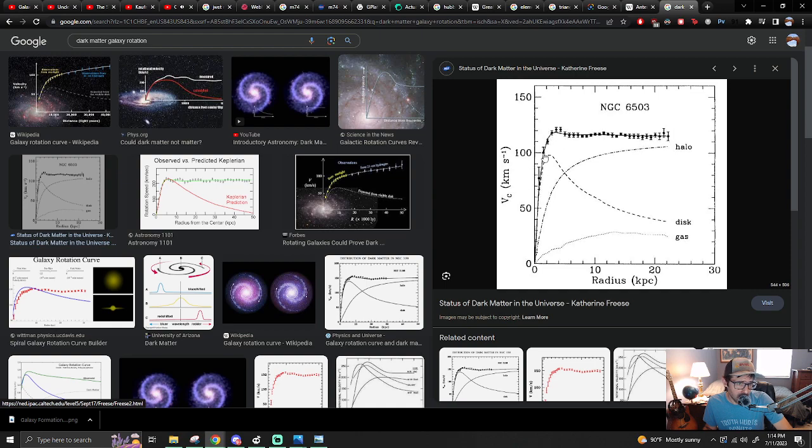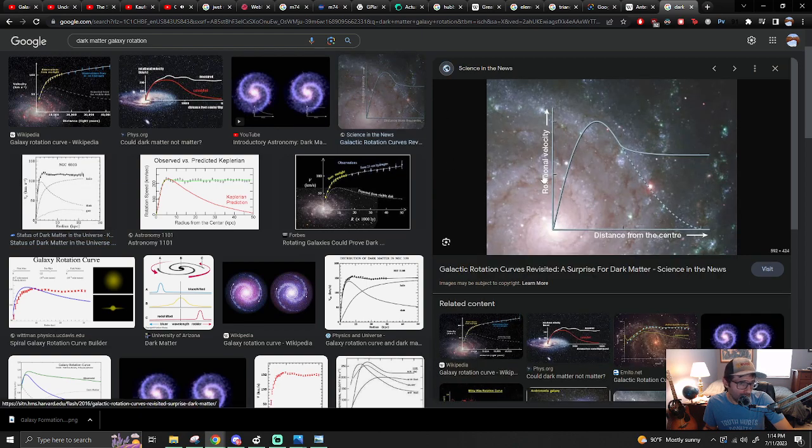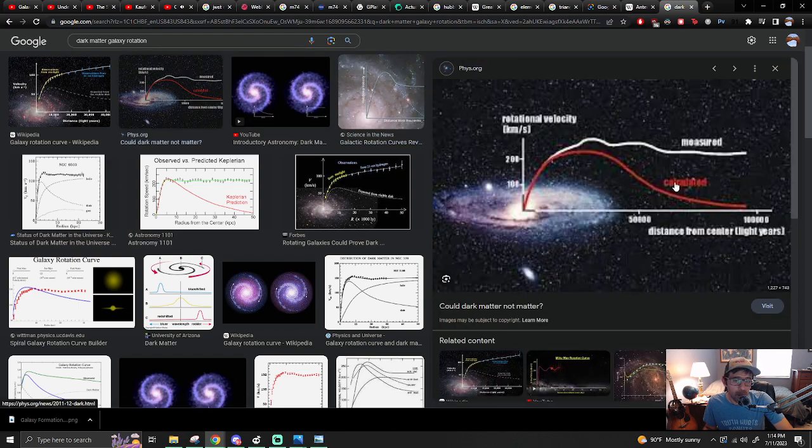It does have some indications of increasing velocity near the center, where what is expected, I believe, is more like this, I guess.